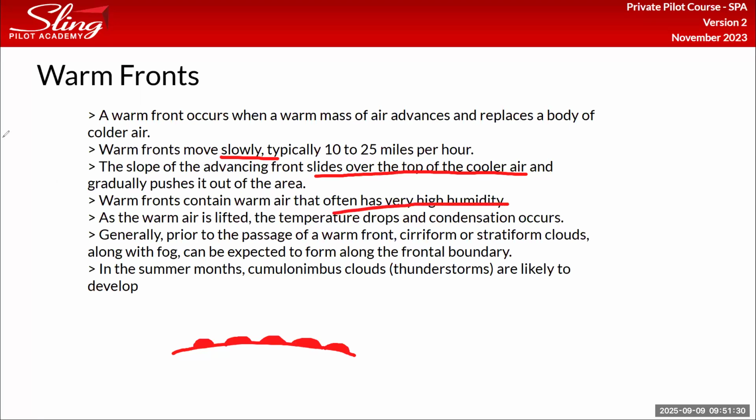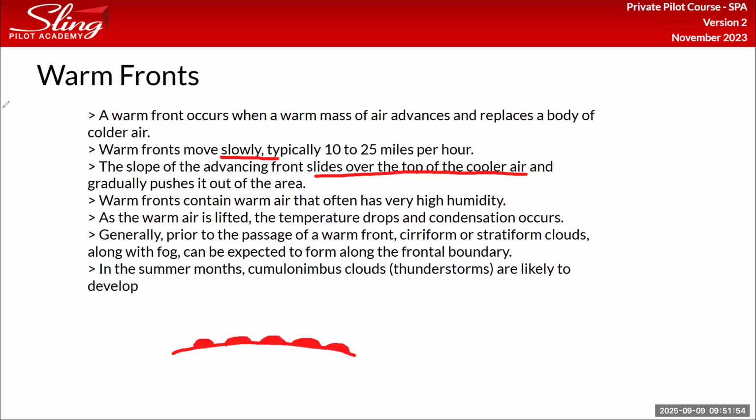Often has very high humidity. And as we know, as warm air is lifted, the temperature drops and condensation occurs. So generally, prior to a warm front, you could have cirriform or stratiform clouds along with fog.